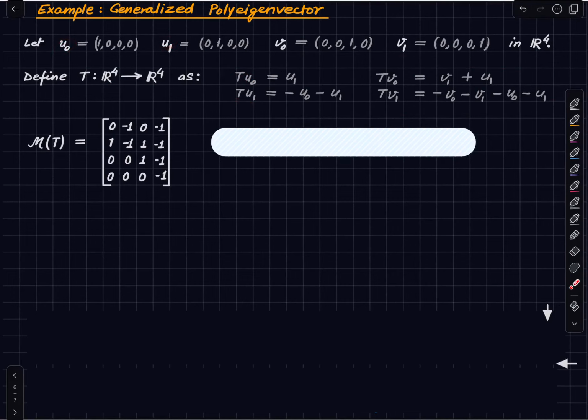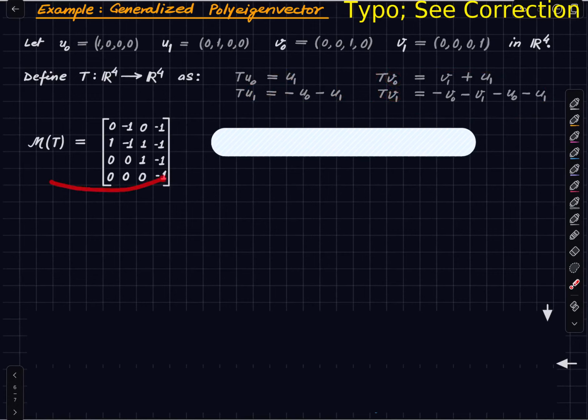Note that the subspace generated by U0 and U1 is invariant, right? Because U0 maps into the span of U0 and U1, and U1 also maps into the span of U0 and U1. So this particular subspace is T invariant. Then there is a little bit more complicated behavior on the remaining two basis elements.